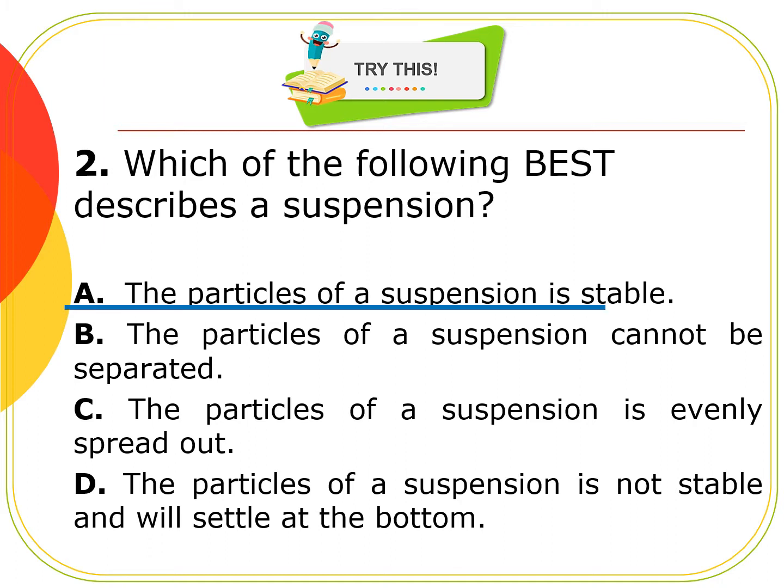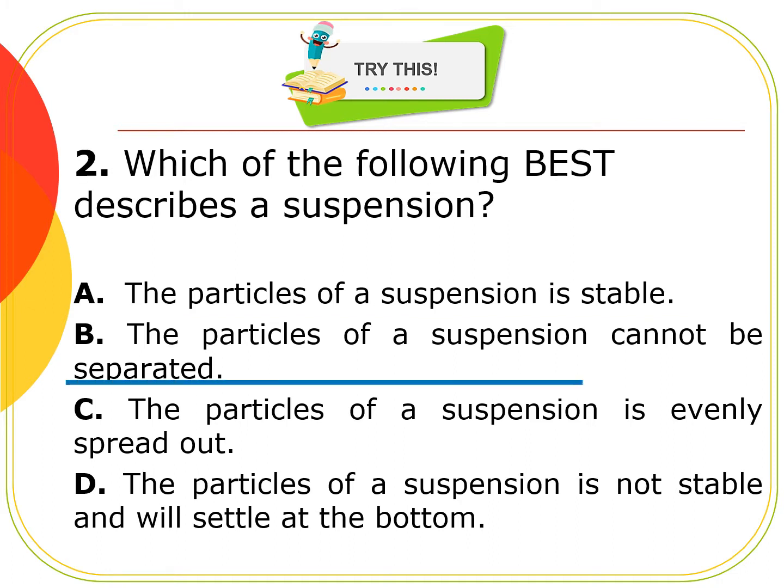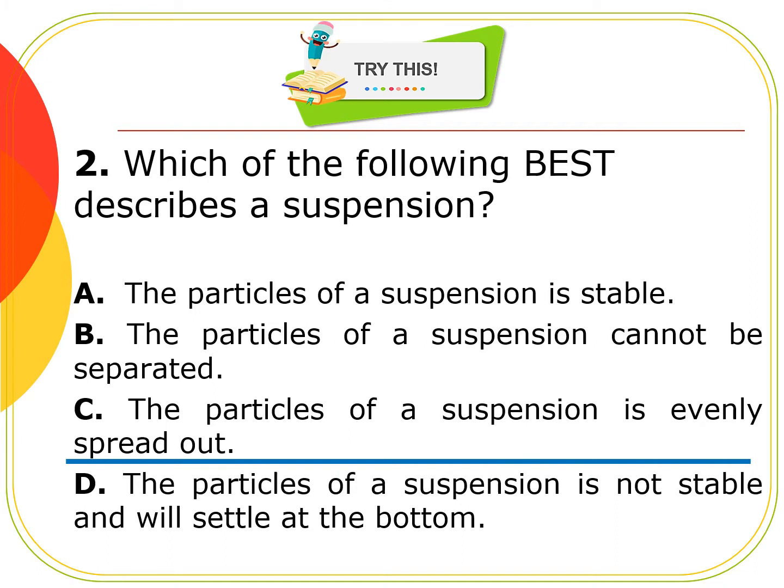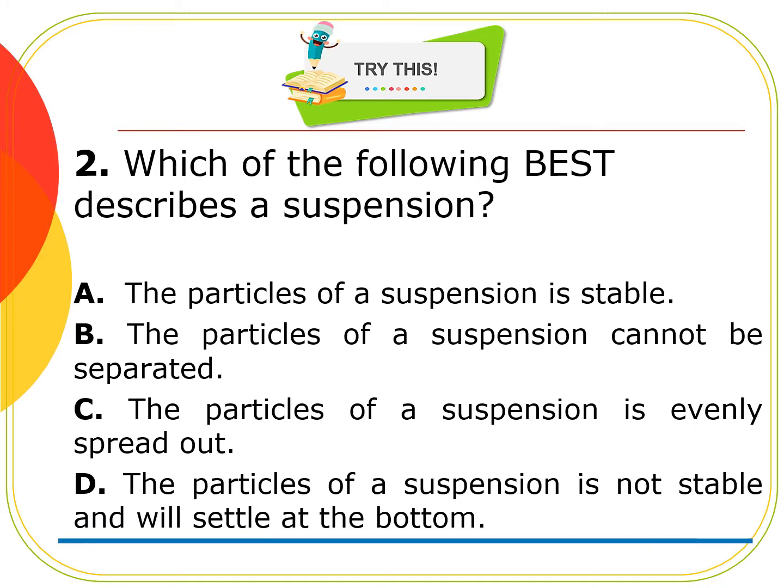Letter A. The particles of a suspension is stable. Letter B. The particles of a suspension cannot be separated. Letter C. The particles of a suspension is evenly spread out. Letter D. The particles of a suspension is not stable and will settle at the bottom.